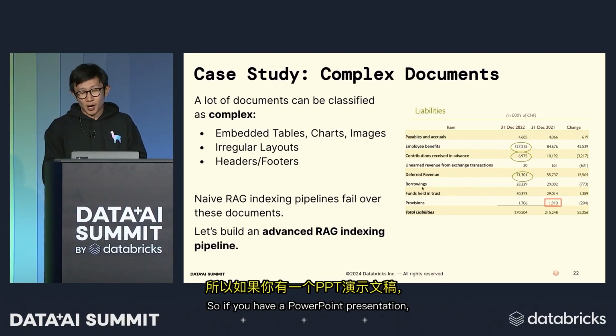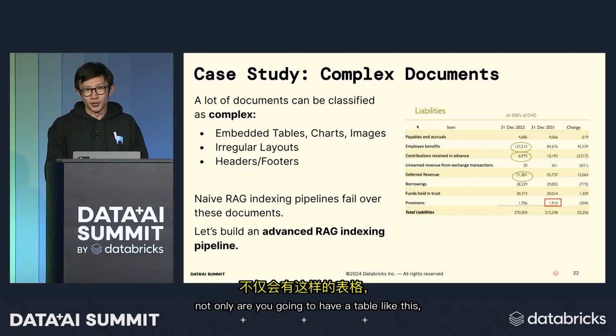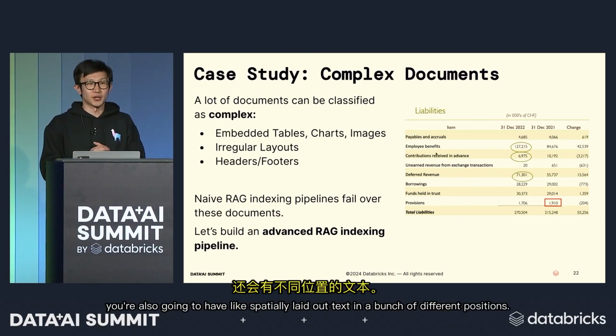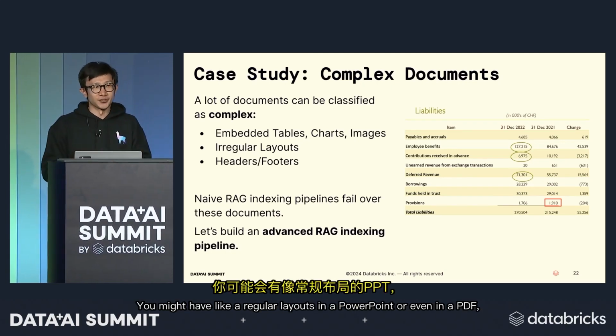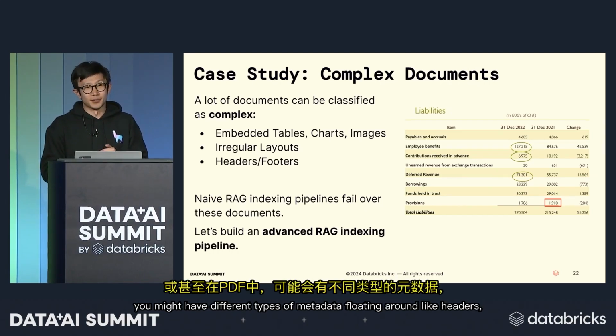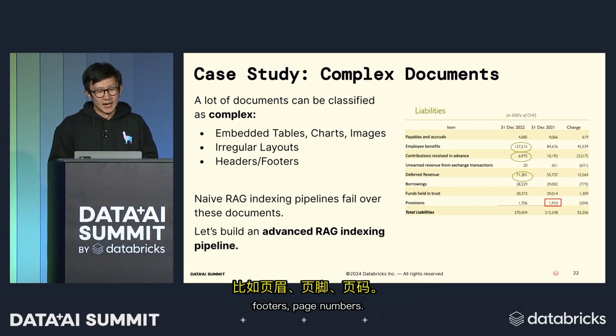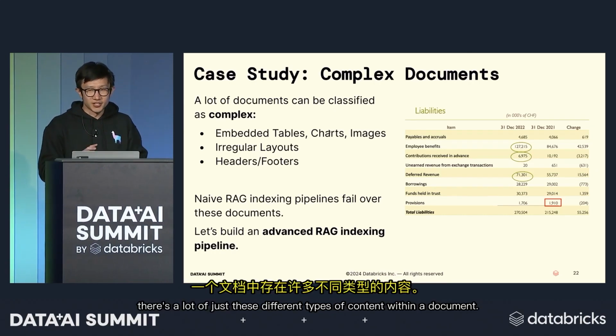If you have a PowerPoint presentation, not only are you going to have a table like this, you're also going to have spatially laid out text in a bunch of different positions. You might have irregular layouts in a PowerPoint or even in a PDF. You might have different types of metadata floating around, like headers, footers, and page numbers. There's a lot of different types of content within a document.